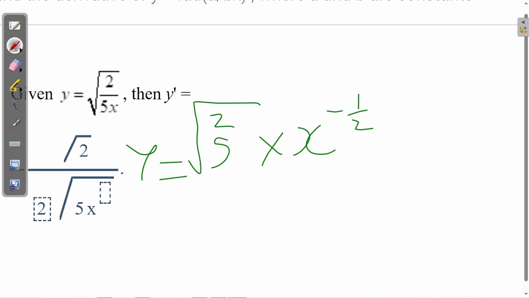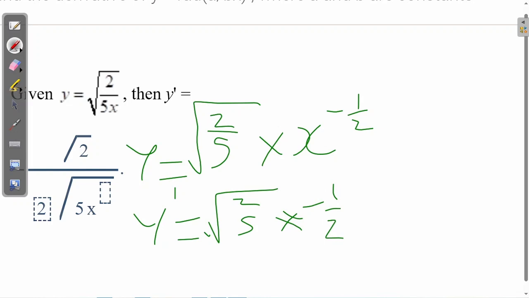We keep it to 1 power and we keep it above so we can differentiate easily. So y prime is equal to radical 2 over 5 times negative 1 over 2 x to the power of negative 3 over 2. Since you minus 1, it's going to be negative 3 over 2.